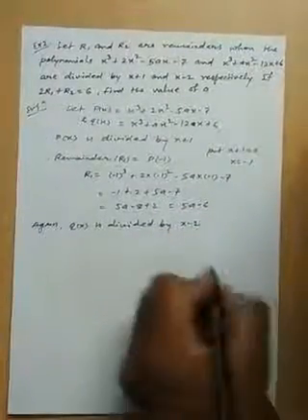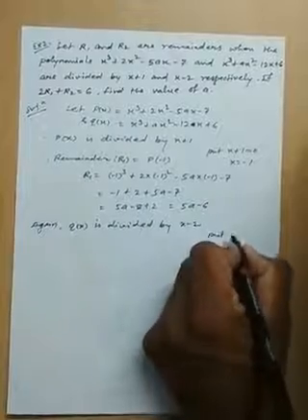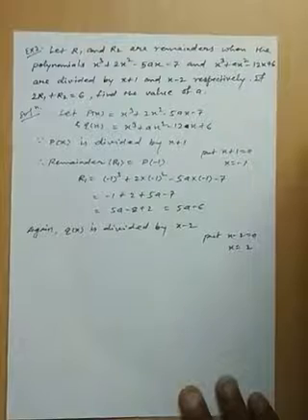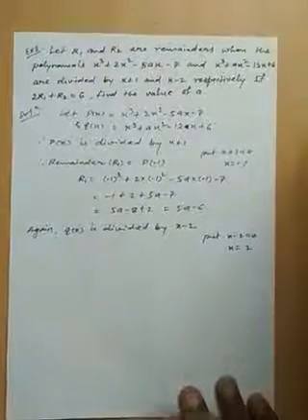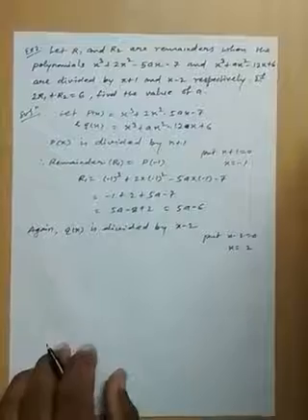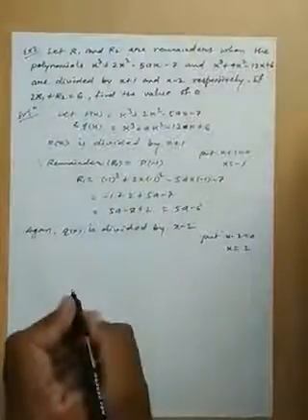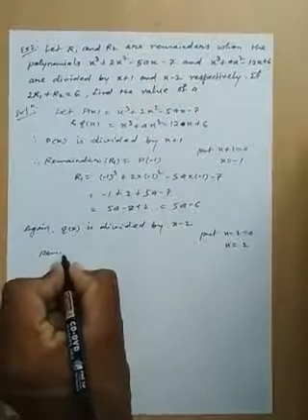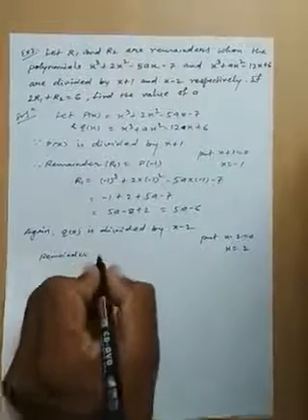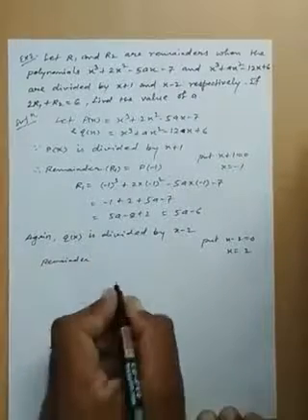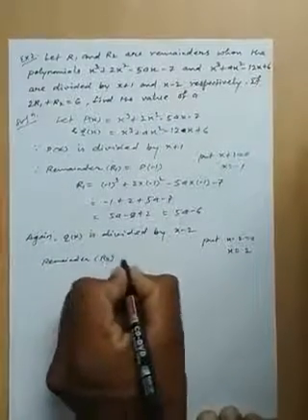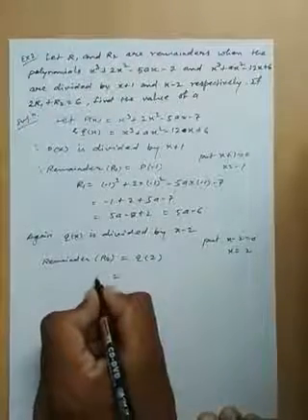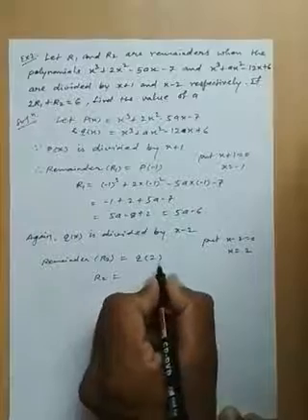It is given that, and for finding its 0, put x minus 2 equal to 0, then x equal to 2. x equal to 2 is the 0. So put x equal to 2 in Qx, and that is the remainder. So the remainder is R2, which is equivalent to Q2. So R2 equal to Q2.